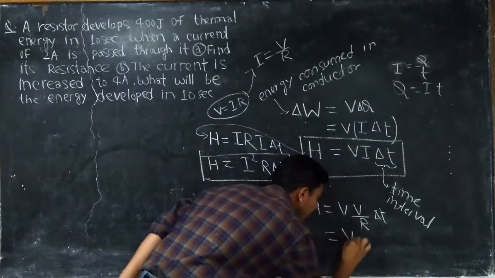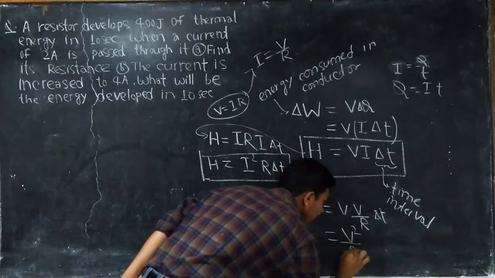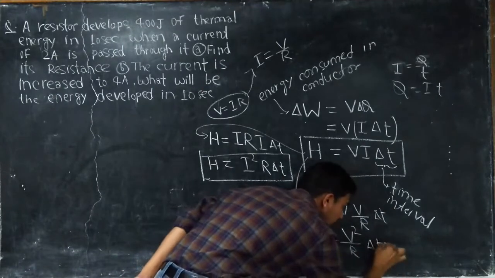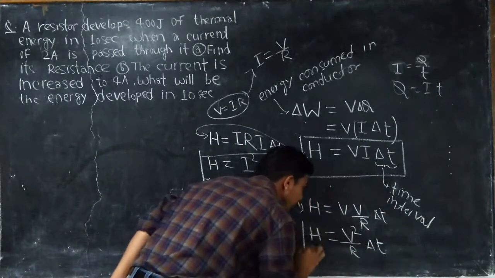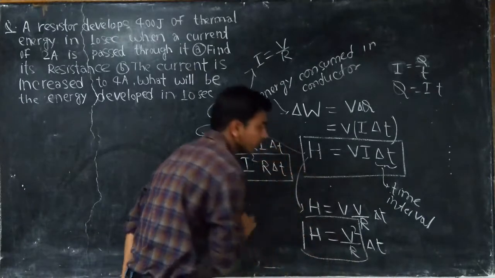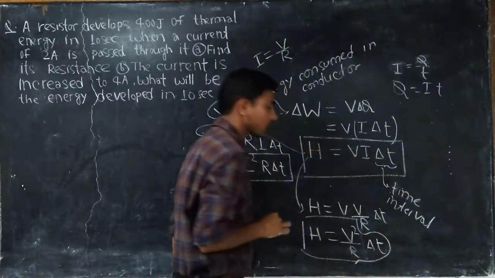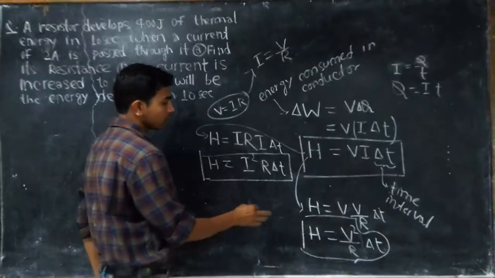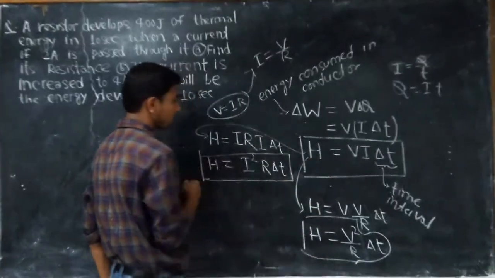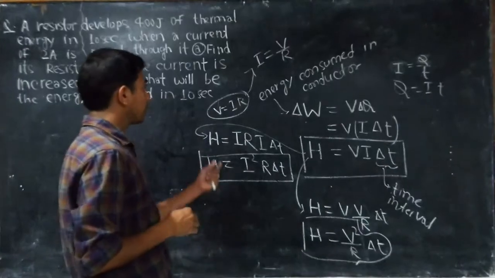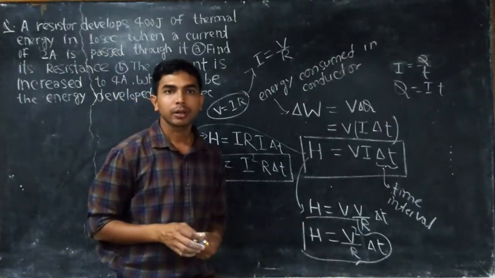So further formula will come V square by R into delta T. This is your another formula, right? So basically these three formulas you have to remember to calculate heat dissipated in a conductor, right?